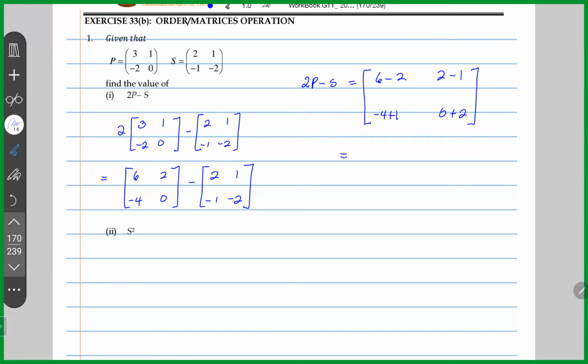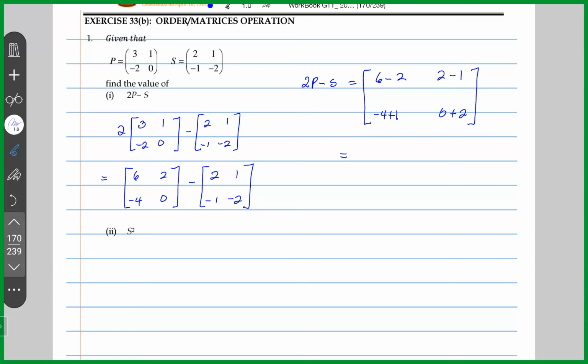So remember, matrices of the same order may be added or subtracted by adding or subtracting corresponding elements. I'll say that again. Matrices of the same order may be added or subtracted by adding or subtracting corresponding elements.